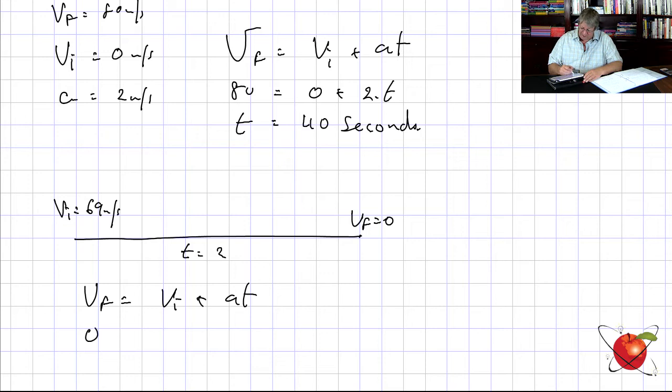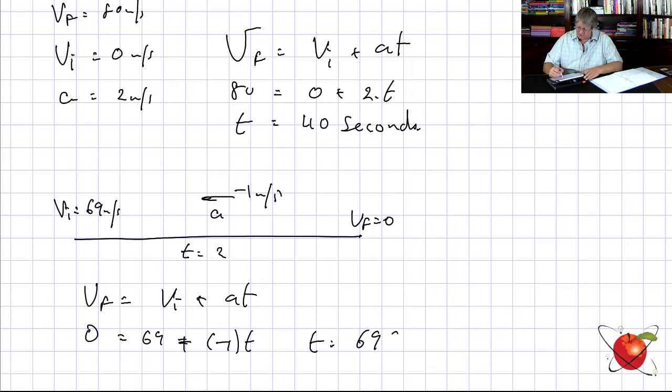V final is 0, and A in this case is minus 1 meter per second squared. Therefore, 0 equals 69 plus minus 1 times t. Therefore, t is going to be 69 seconds. Okay, that's the landing of that one.